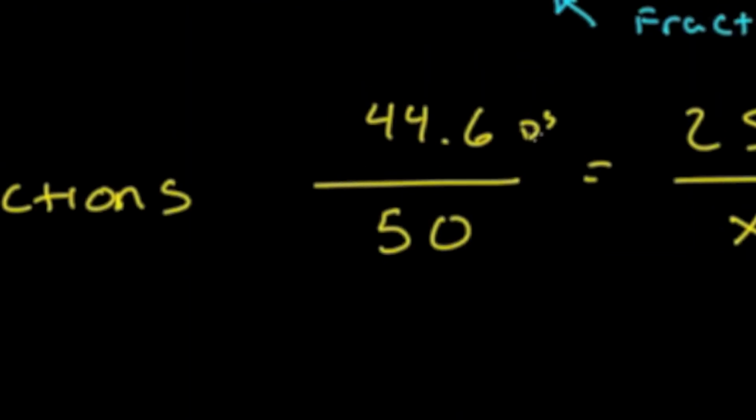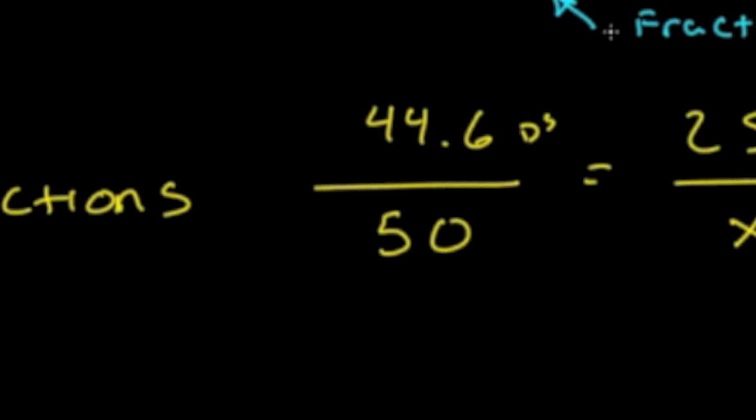So you have the dosage supplied, you could flip-flop these, it doesn't really matter, and do DR first, but the dosage supplied was 44.6 in, not per, but in 50, so it's a fraction. And then the doctor wants 25.8, but we don't know what amount of liquid, or this is the volume, we don't know how much volume will equal that amount.